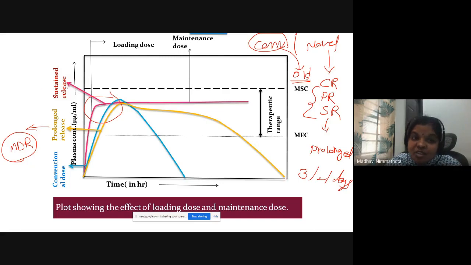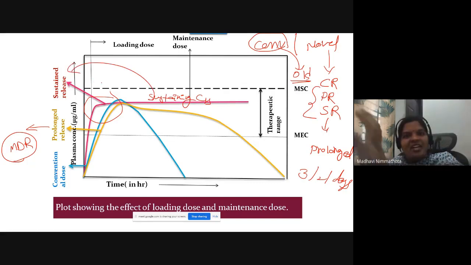Then in case of sustained release, the drug has some peak up to its loading dose, at which your pharmacological action is going to start. Here the loading dose can be applied. After that your maintenance dose will be produced at steady state. So here the drug action is sustaining, up to prolonged periods of time. So that's why the name is sustained release.